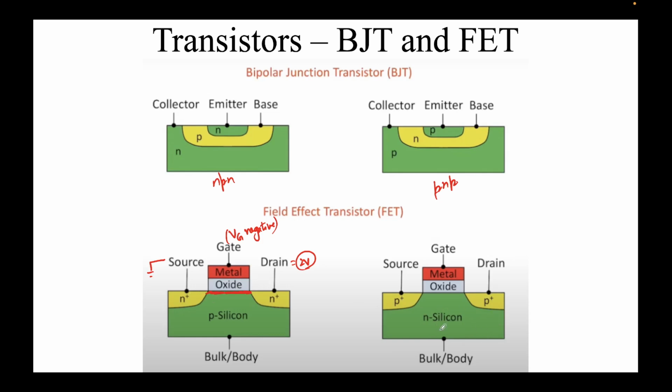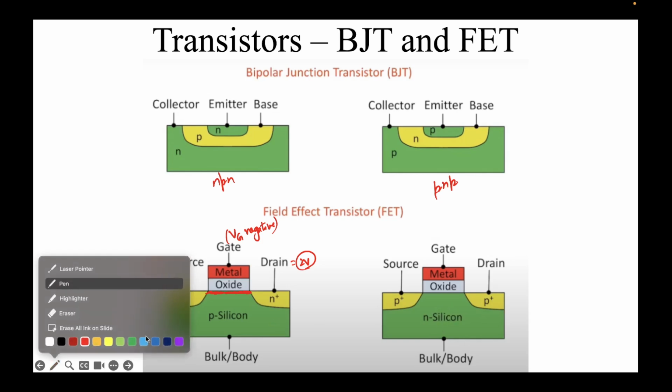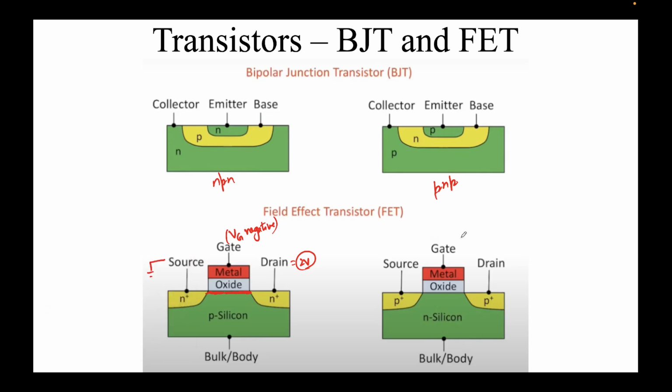The other flavor naturally is when your body or the semiconductor is N-type silicon. So when we have an N-type silicon, in that case, if you apply a sufficiently positive voltage, you can have an inversion layer, this time of holes, right, a hole inversion layer. Why? Because the substrate is N-type.